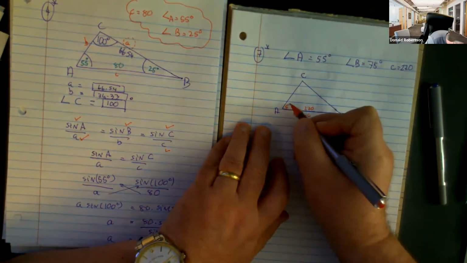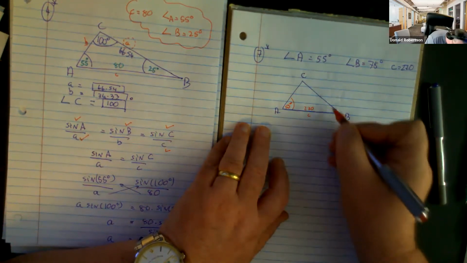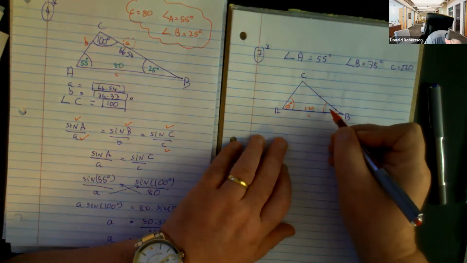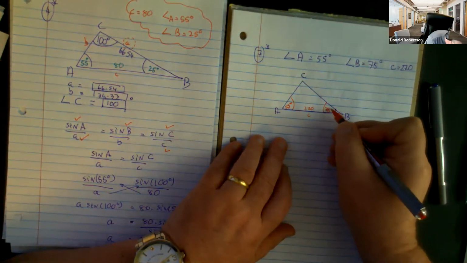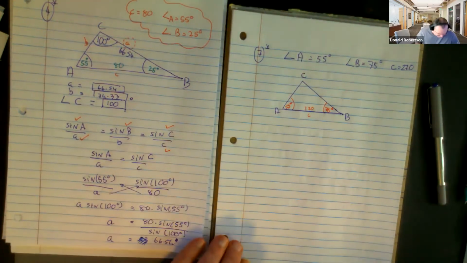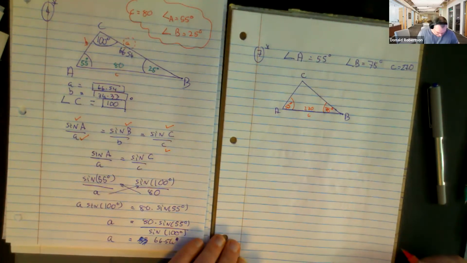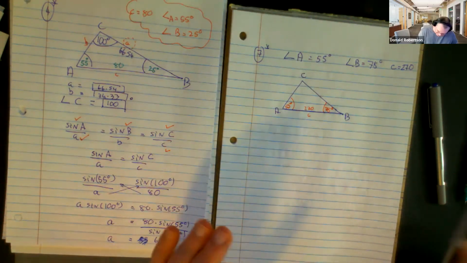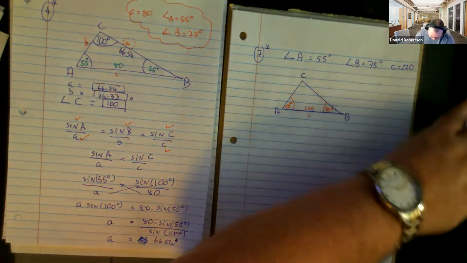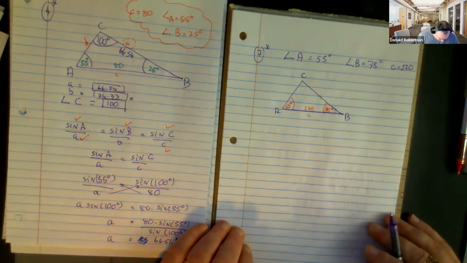Angle A is 55 degrees, and angle B, which is over here, is 78 degrees. So far, so good. Now, part of this question is pretty straightforward. It's the bit at the end that I'm not talking about yet, but I'll get to it. That's the weird part.